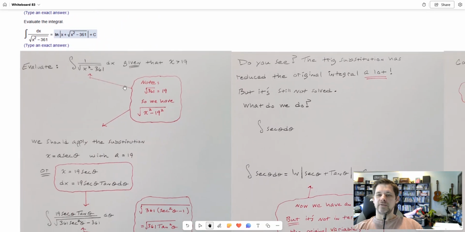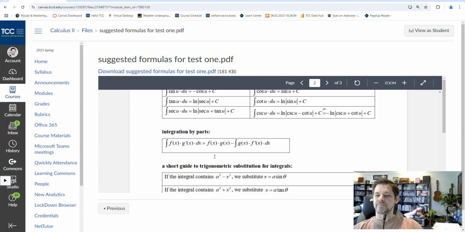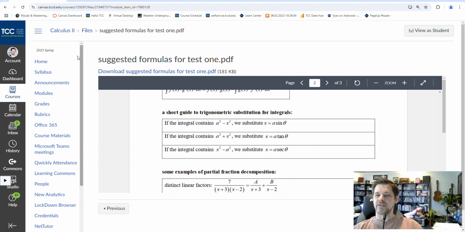I'm looking at it this way. There's my problem as given at the top, and one thing I noticed is that it's said to use trig substitution. Often that involves my suggested formulas from test 1, which you find under modules on Canvas.